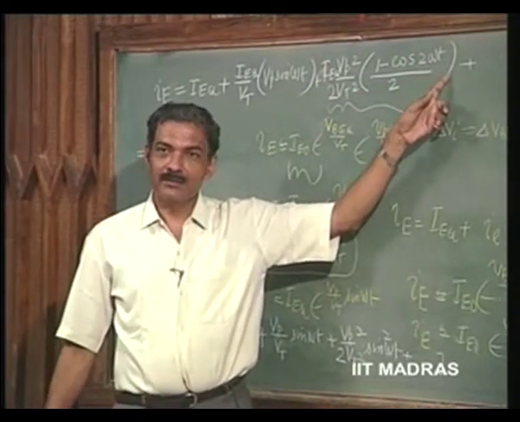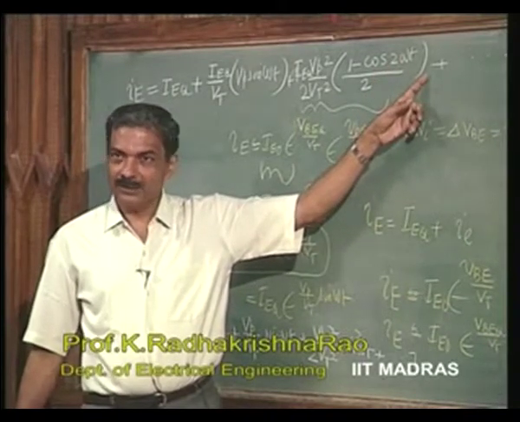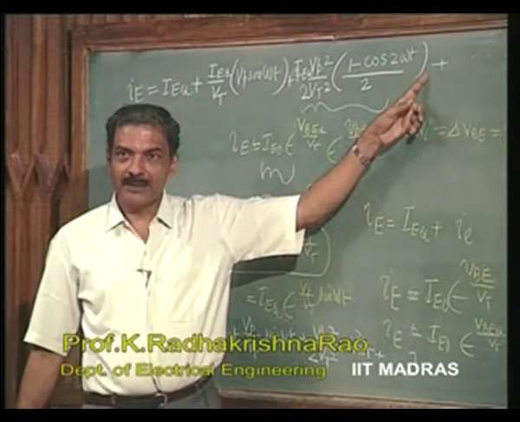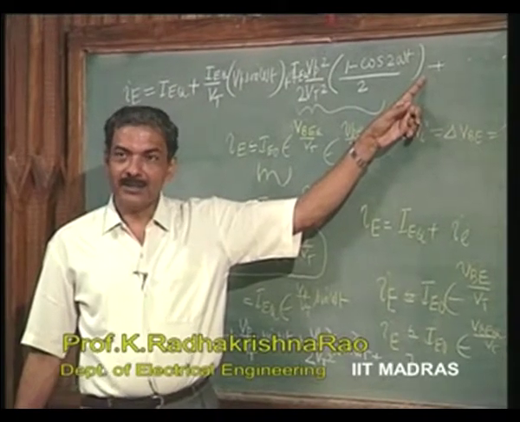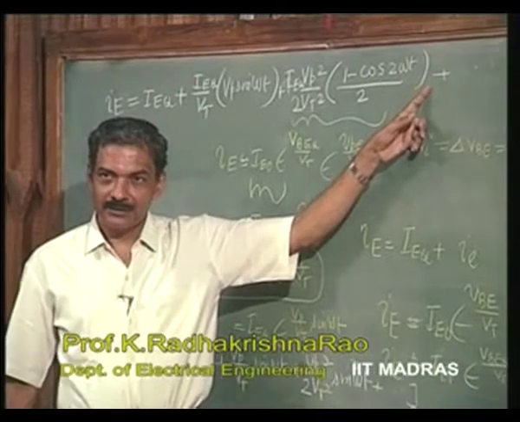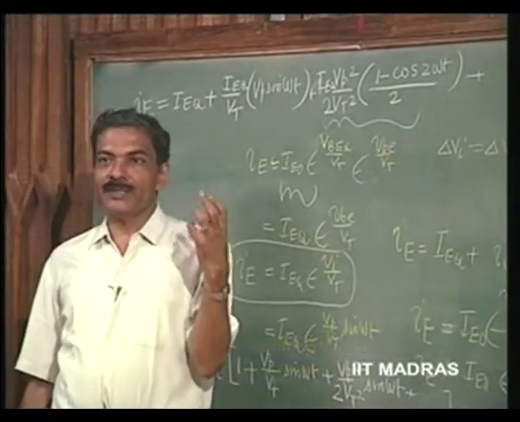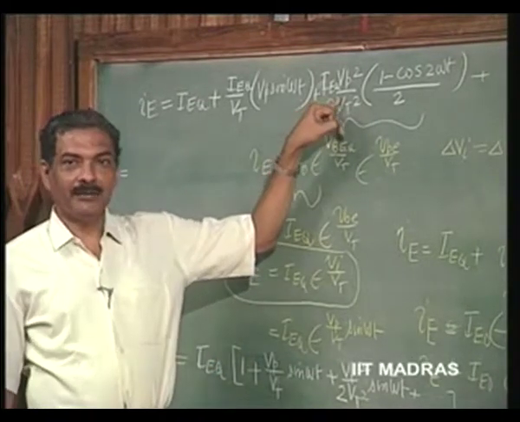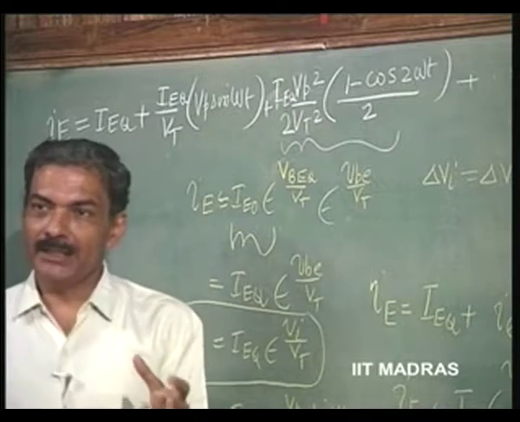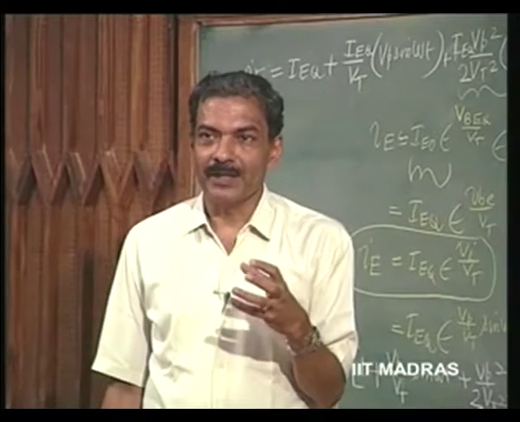This is what is unwanted. The second harmonic component was not there in the input. This has been created by the amplifier nonlinearity, and this is called distortion. So, a quick quantitative assessment of the distortion can be done by merely finding out the shift in the DC operating point of your amplifier.